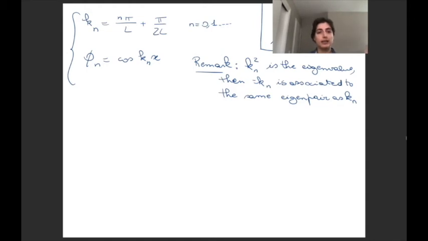Now we have a kn and a phi n that is a cos kn x. As before, the eigenvalue is actually kn squared. Then if you were to choose negative values of n, they would still be associated with the same eigenpair.